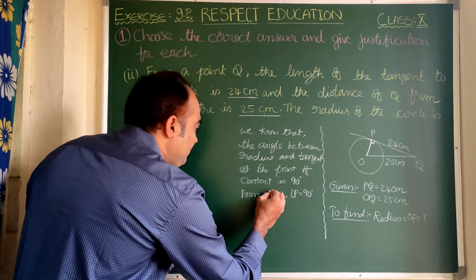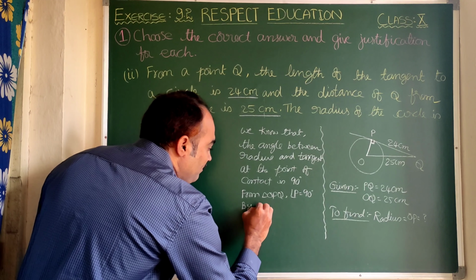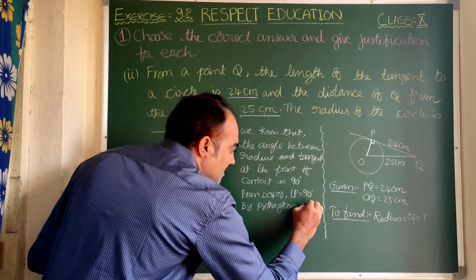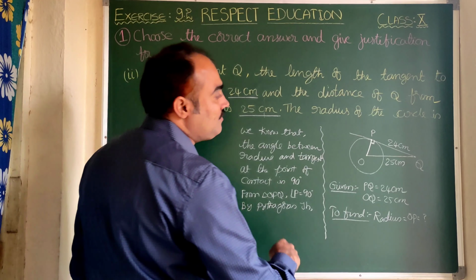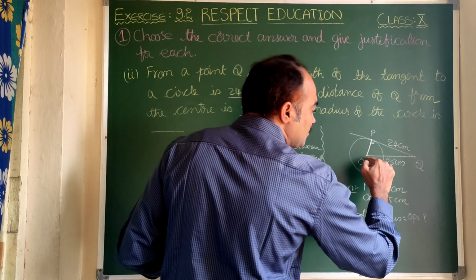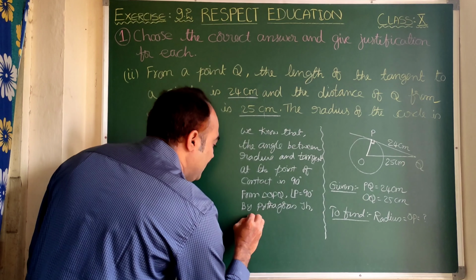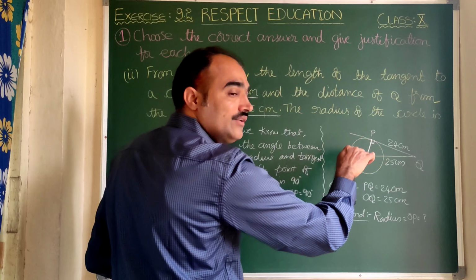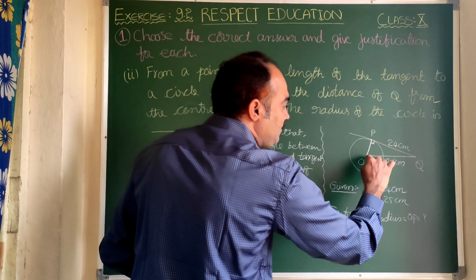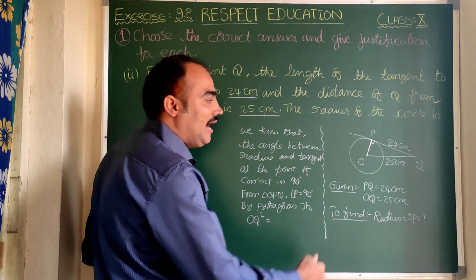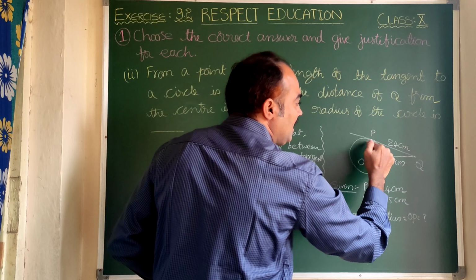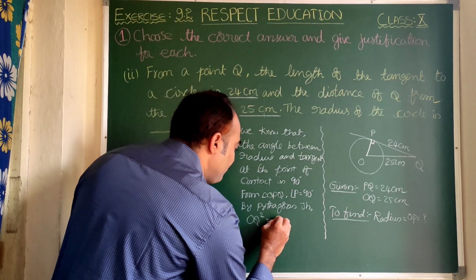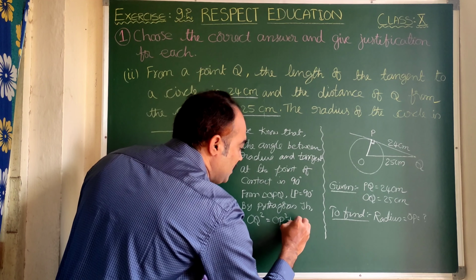So here let us write, by Pythagoras theorem, the square of the hypotenuse, here OQ is the hypotenuse, is equal to the sum of the squares of the other two sides. The other two sides are OP and PQ. So OQ square is equal to OP square plus PQ square.